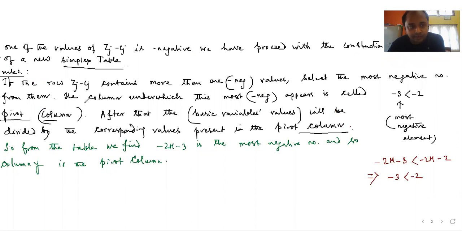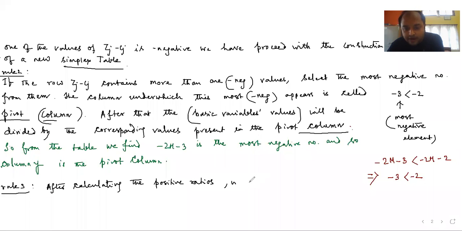Now, since we have found the pivot column, its dual is the pivot row. So how to find the pivot row? It's rule number 3. After calculating the positive ratios, we find the minimum positive ratio from them.